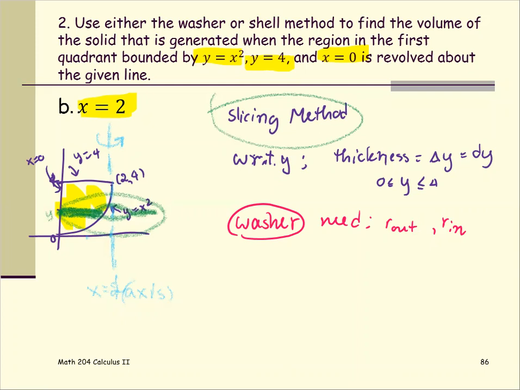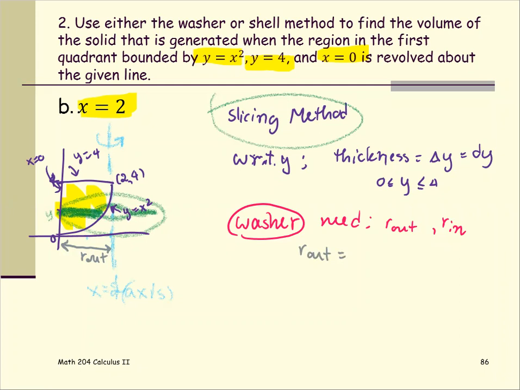Starting with the outer radius, from the axis of revolution to the outermost part of the washer. So this is the outer radius. Put a note: since this is with respect to y, you measure the right function minus the left function.